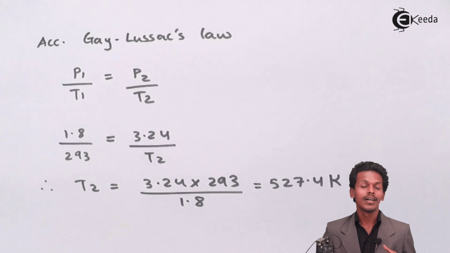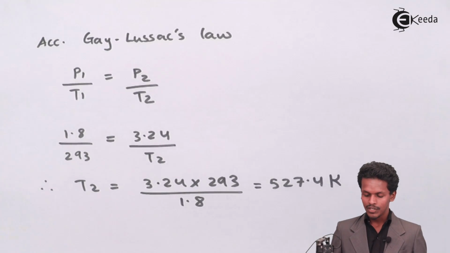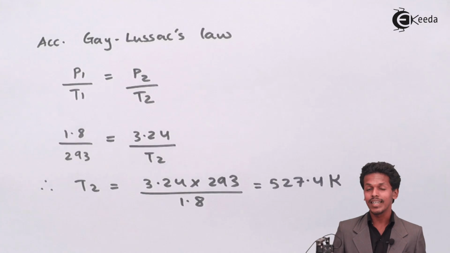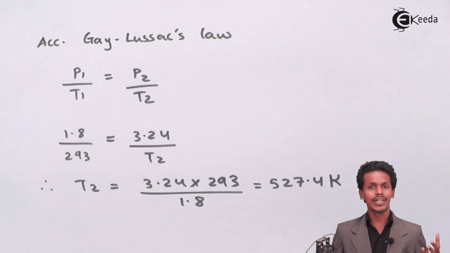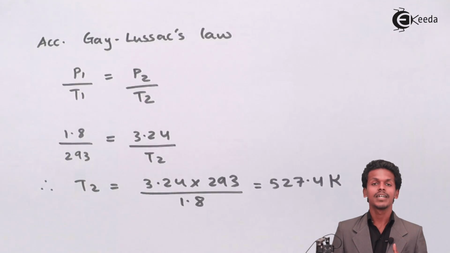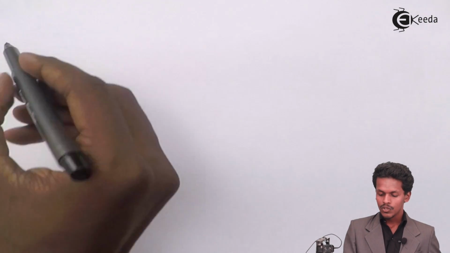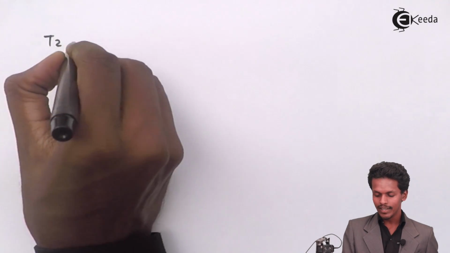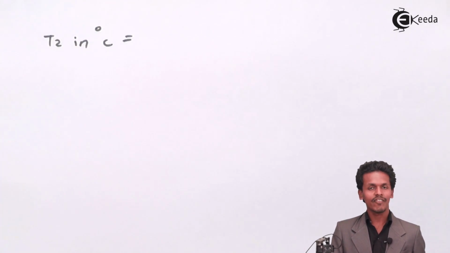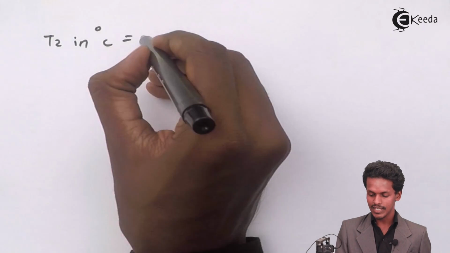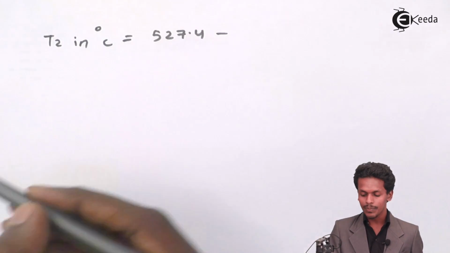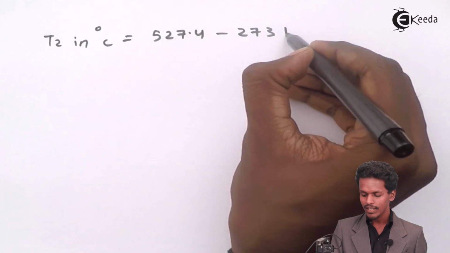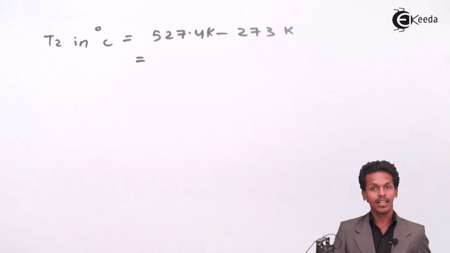This is the value of temperature T2. But we have to convert it to degrees Celsius. It is easy to calculate: T2 in degrees Celsius is the 527.4 Kelvin we calculated, and if I subtract 273 from it, I get the answer in degrees Celsius.